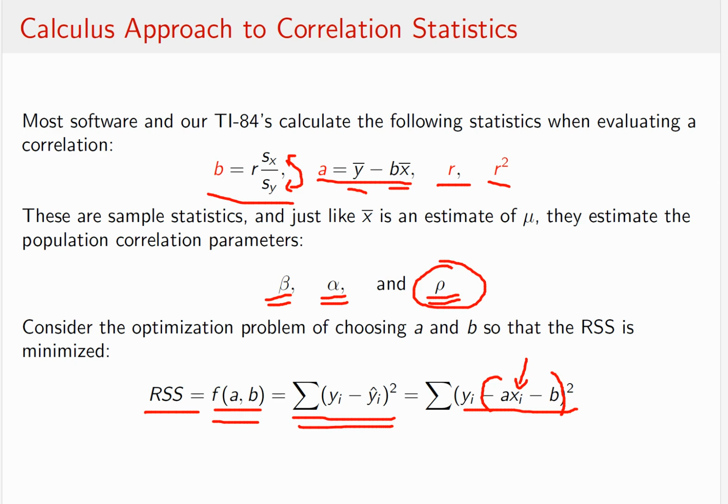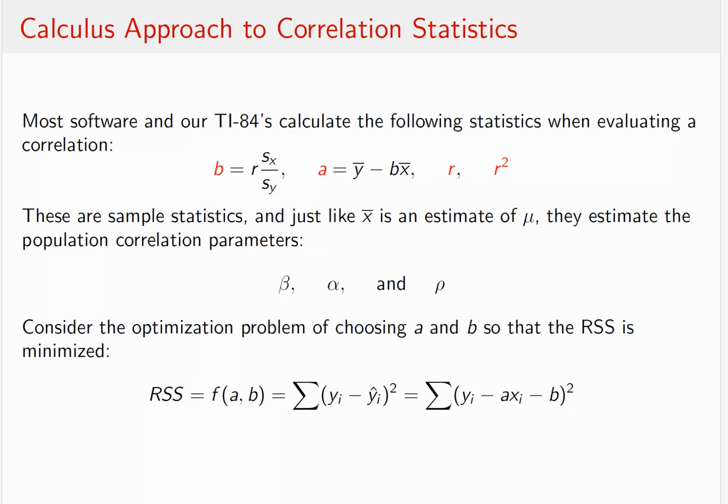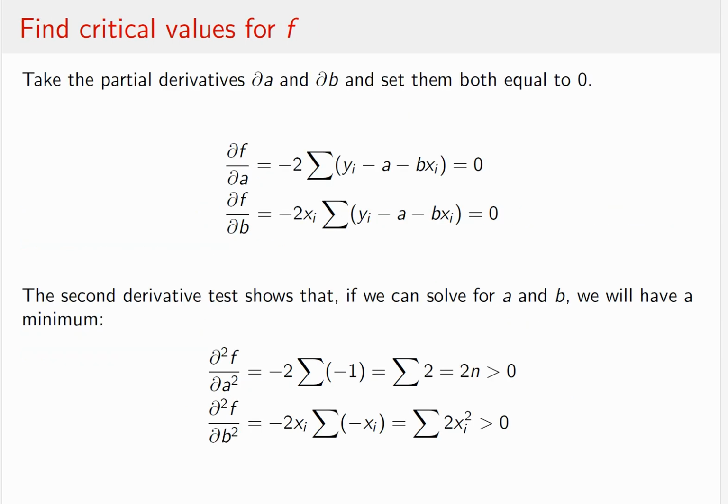All right, so let's go forward just a little bit. Okay, and in calculus, if we're doing minimization, what do we do? We take the derivative and set it equal to 0. Here, we take the derivative of the function with respect to the variable a, and get this, and we take the derivative with respect to the variable b and get this.